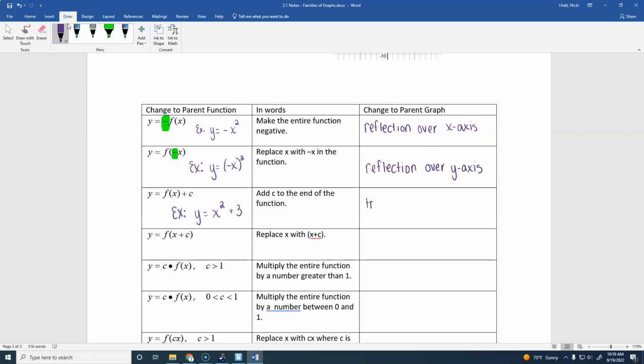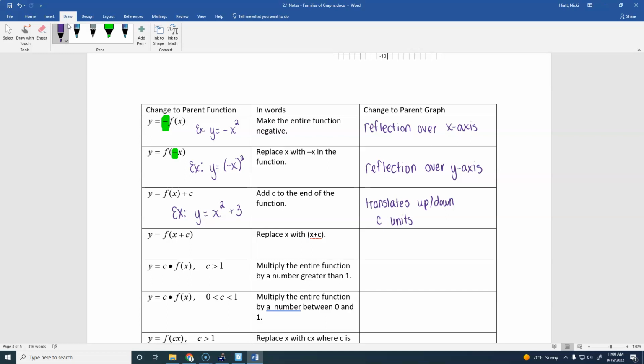So it translates up or down c units. If we put a plus 3, it is going to move the graph up 3. If we put a minus 7, it would move the graph down 7. And it does affect that y-intercept, but it's not just the y-intercept, it's the whole graph that goes with it.